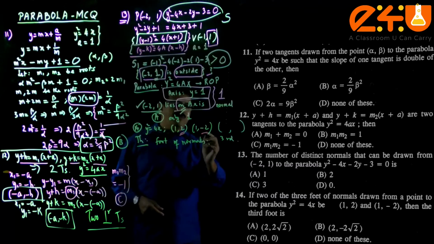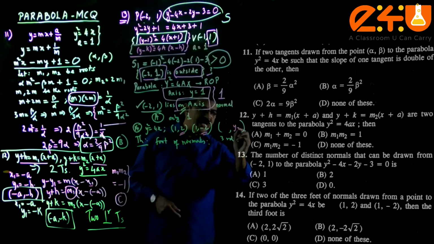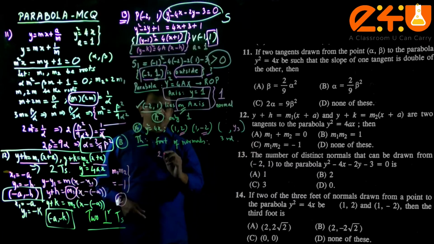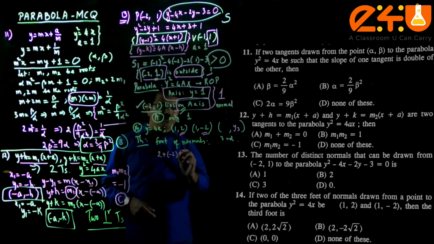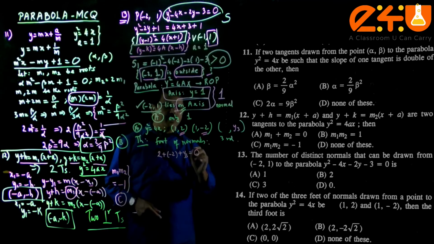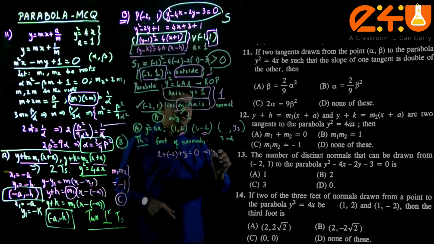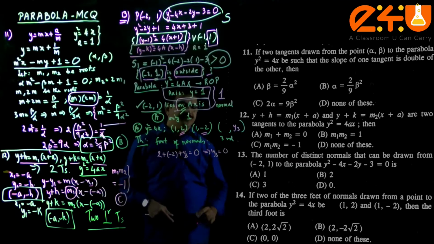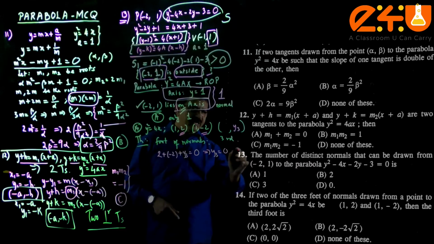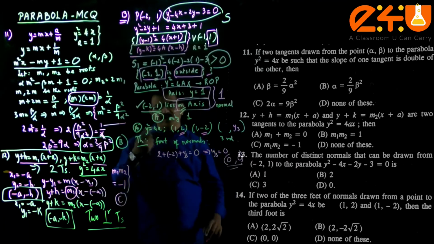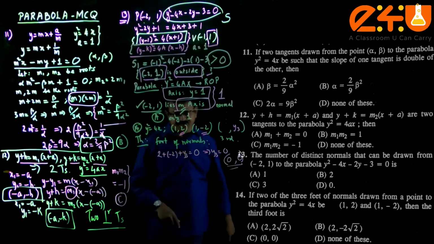So the sum of ordinates, the y3 I don't know. So 2 plus minus 2 plus y3, the sum of ordinates has to be 0, which means y3 is also 0. So that means once I understand the y coordinate to be 0, the x coordinate is also 0 because y squared equal to 4x.